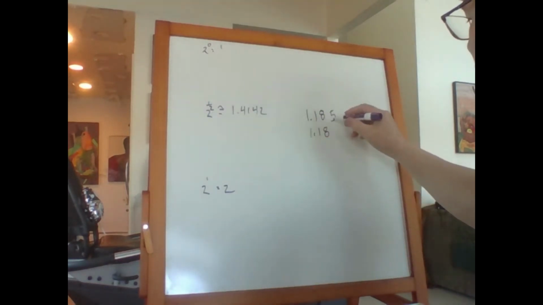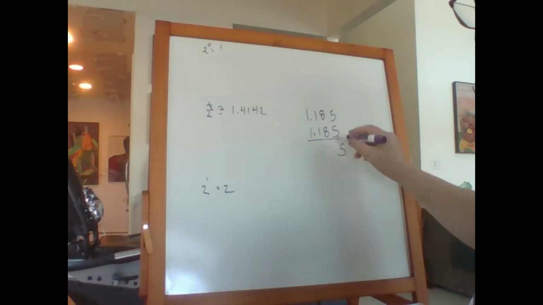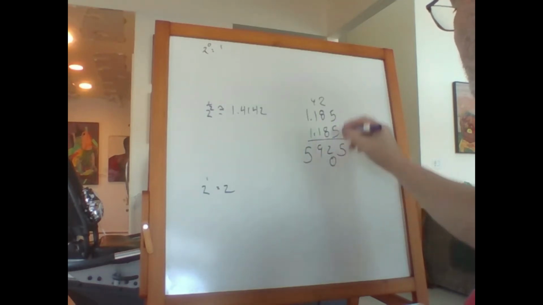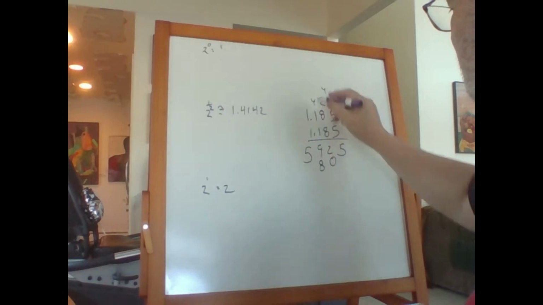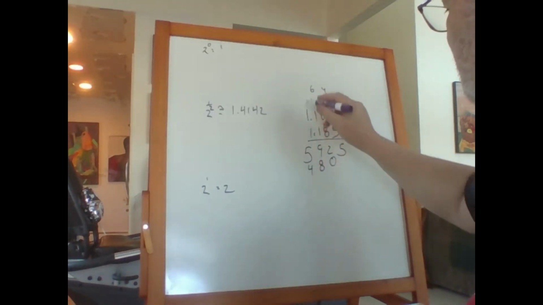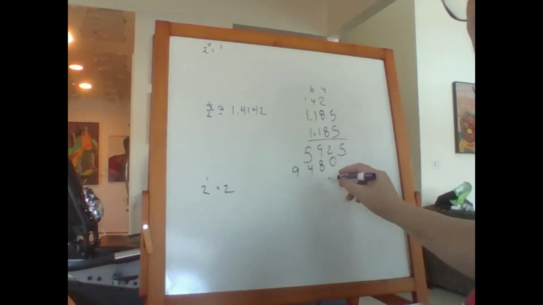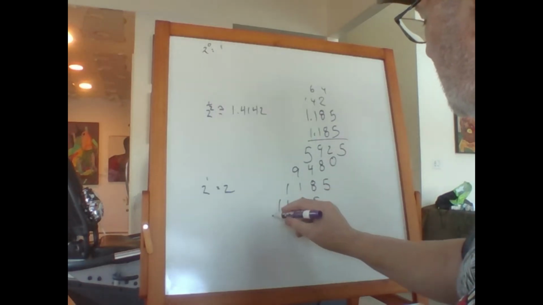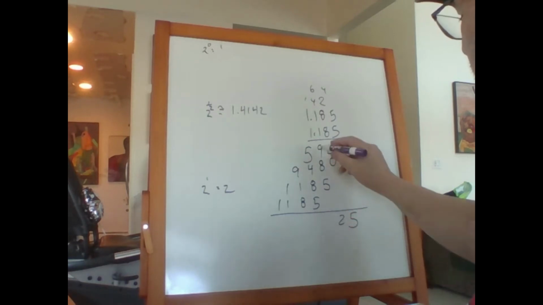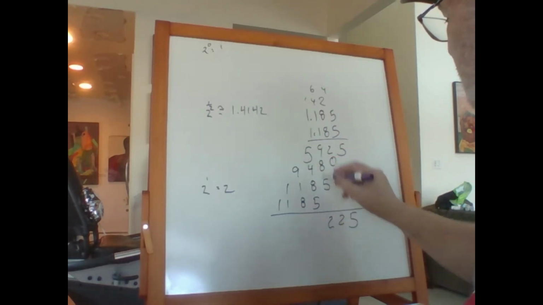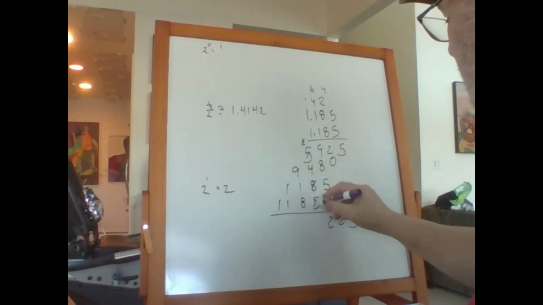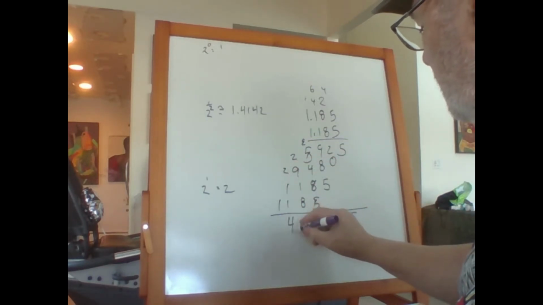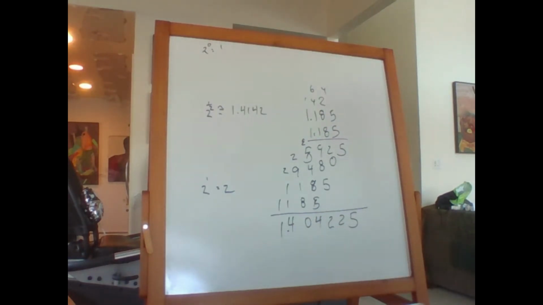And this is how they went. They narrowed in on it. 1.18 squared gives 1.3924, so that's too small.